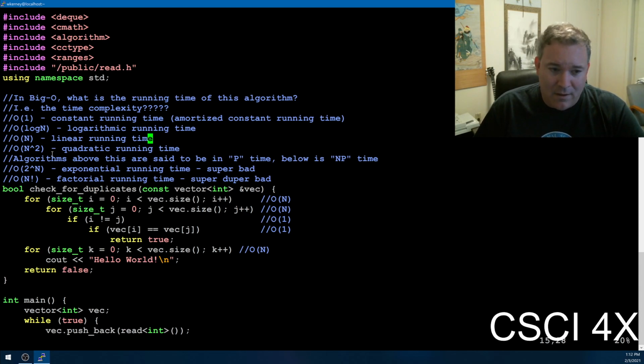A logarithm, if you think back to algebra 2, is the opposite of an exponentiation. For a logarithmic algorithm, for every doubling of the problem size, you have to do one more step of work.